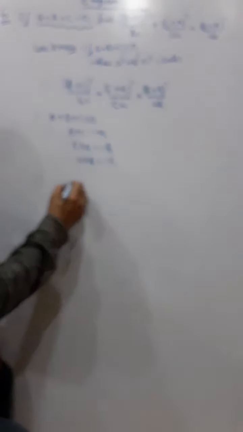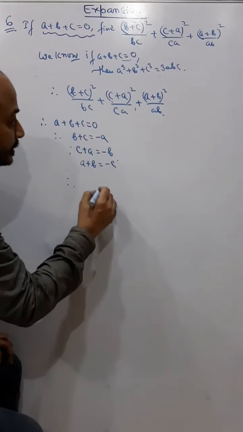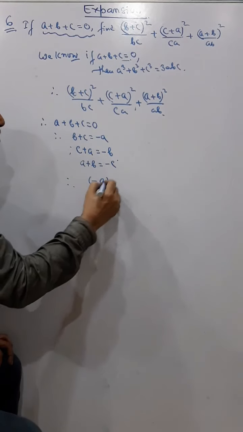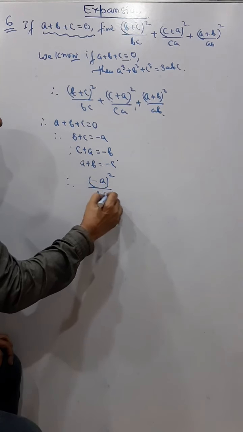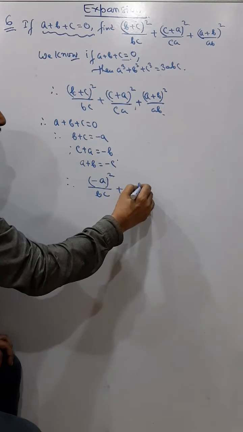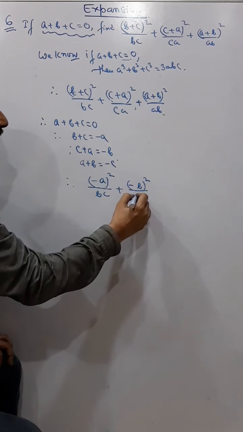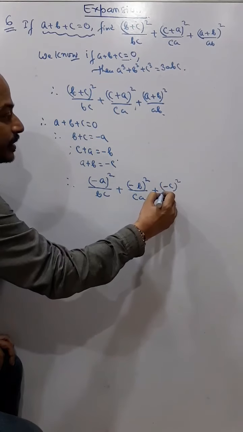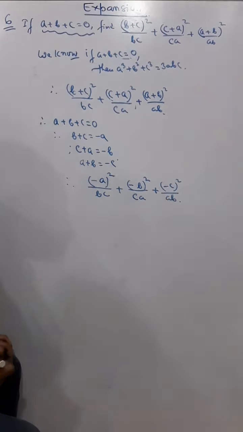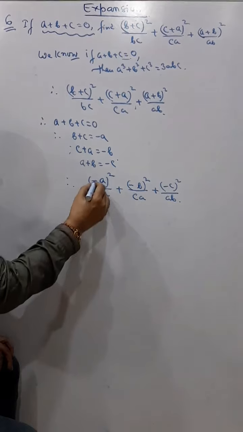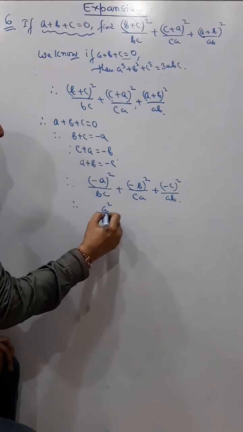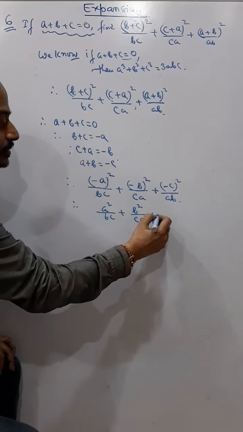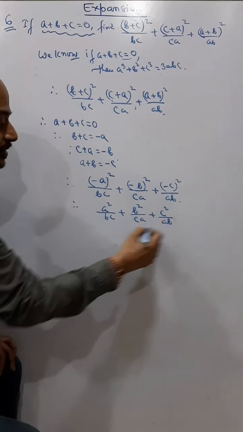So now here if I take the b plus c whole square, I'll write minus a square and then bc, then minus b square, then ac or ca, and then minus c square by ab. Now minus a square means a square by bc, b square by ca, c square by ab.